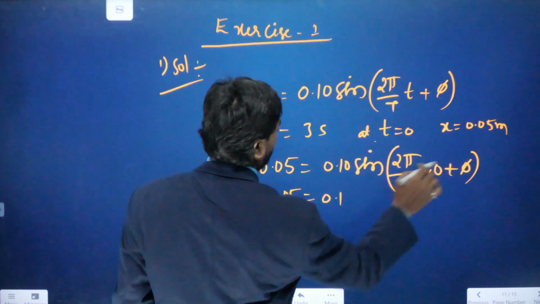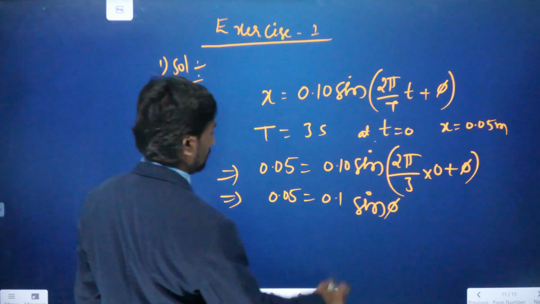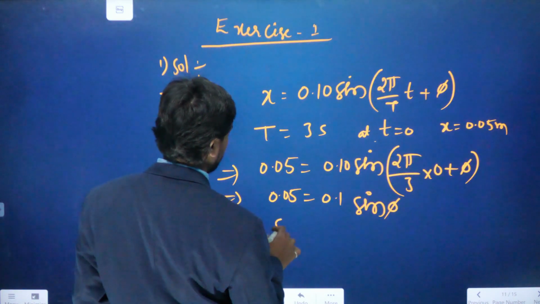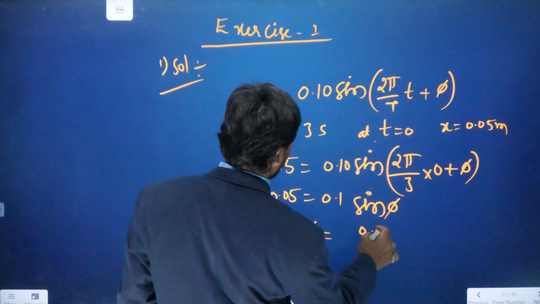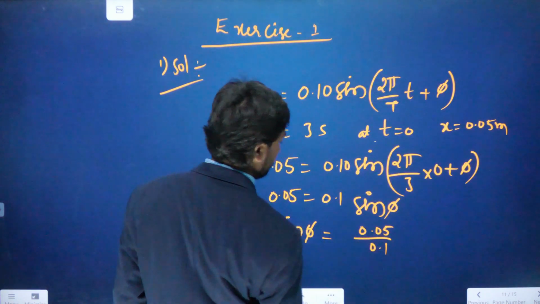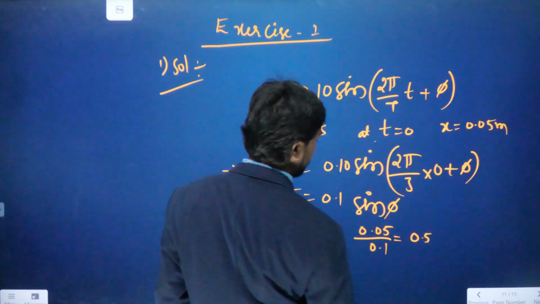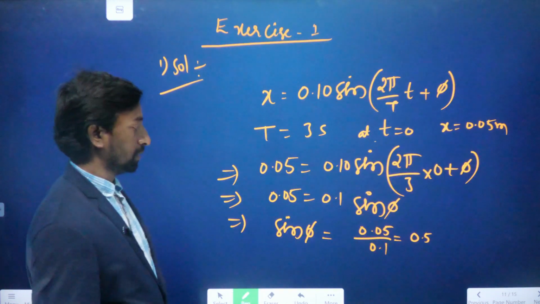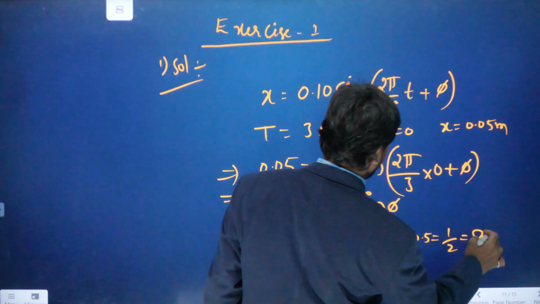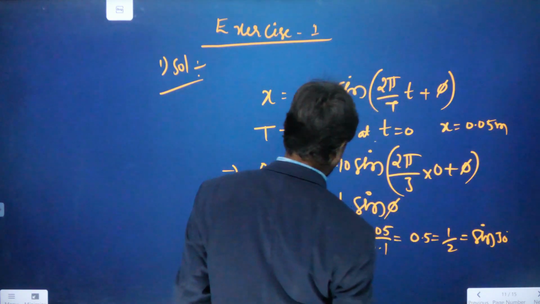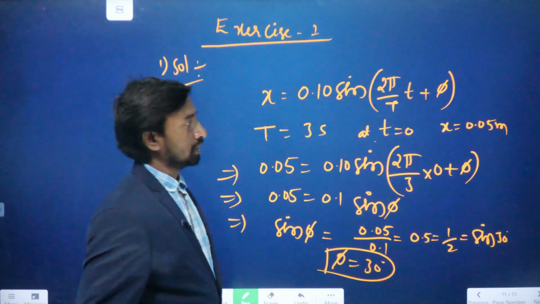This value will become 0 and only pi will remain, so sine of the phase will remain. Then we can write sine of the phase equals 0.05 divided by 0.1, which is 0.5. 0.5 is nothing but 1 by 2, and 1 by 2 is sine of 30 degrees. So the phase is 30 degrees, and that is the answer.